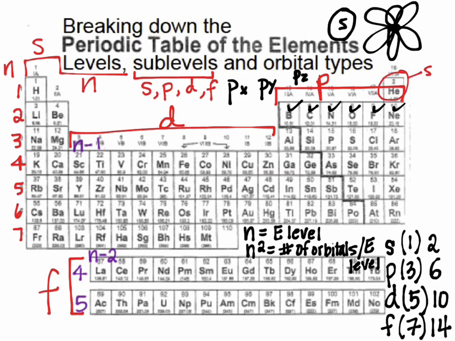Now, the number of electrons, each orbital can hold how many electrons? 2. So if I take 2n squared, that tells me my number of electrons per energy level.